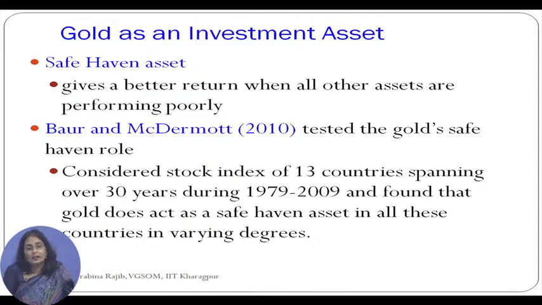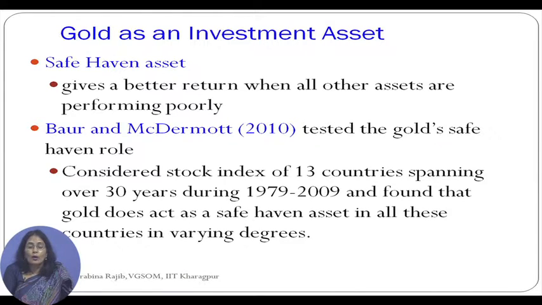The second reason which is very important for many people to hold gold is the safe haven asset. So what do you mean by safe haven? A safe haven asset means that when no other asset is giving us a better return, gold is giving us a better return.